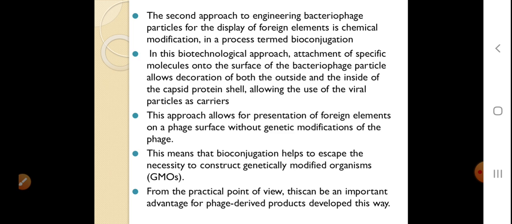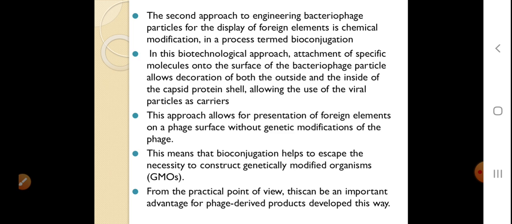So it is a safe method because of the genetically modified organisms, we call them GMOs. If they escape into the normal environment, sometimes they might infect the wild phages and they might revert the wild phages also.